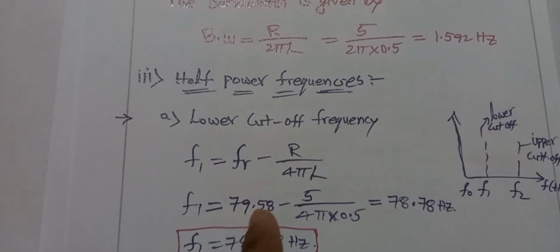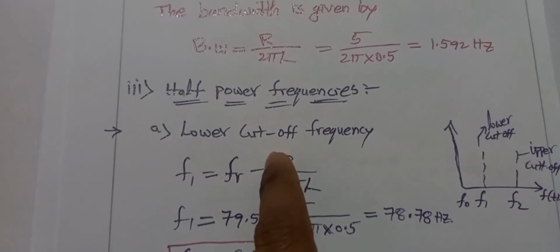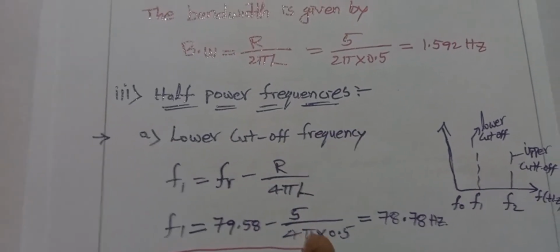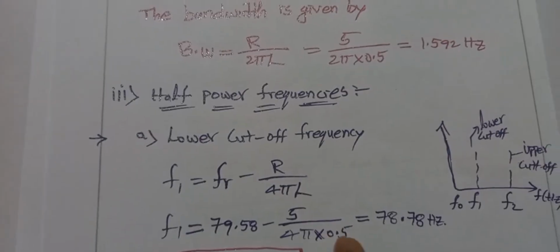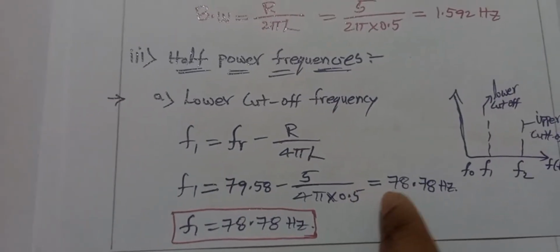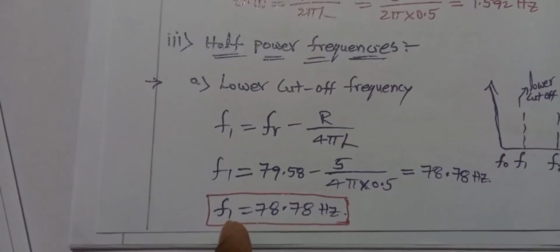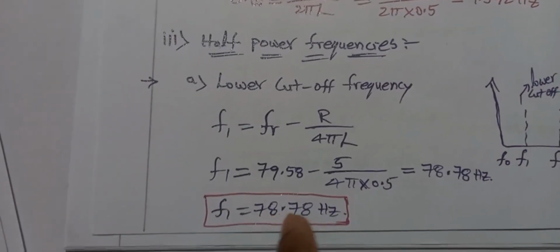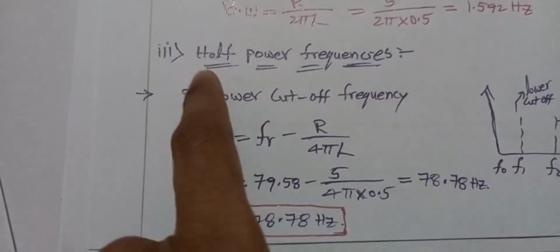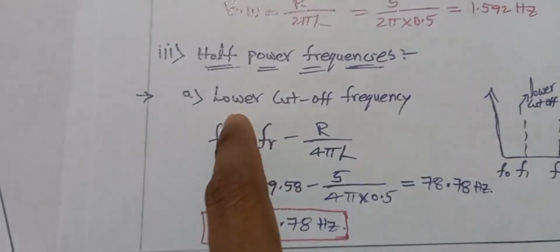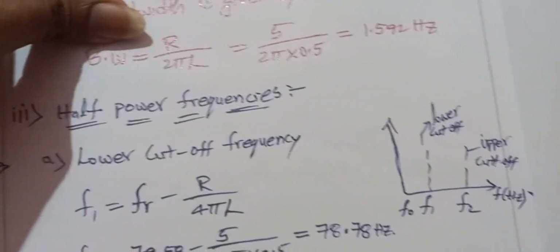We can substitute 79.58 minus resistance value 5 ohms by 4 pi into inductance value 0.5. So finally we can get 78.78 hertz. So that one is F1 equal to 78.78 hertz, that one is the lower cutoff frequency. Then we'll go for the higher cutoff frequency, or otherwise the upper cutoff frequency.